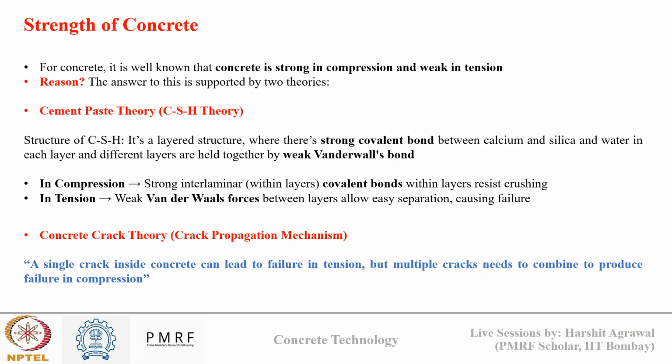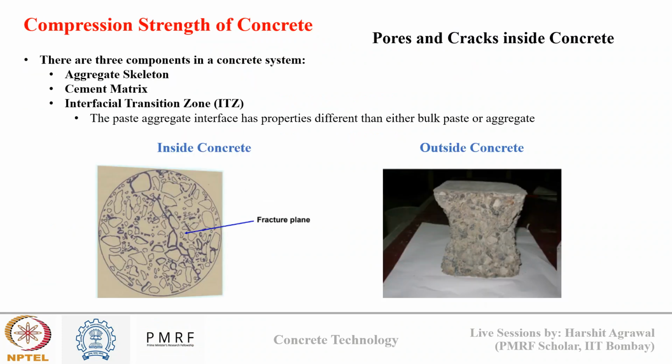Last week we concluded the eighth week of the course, where we talked about strength of concrete. We discussed why concrete has higher compressive strength than tensile strength, and we saw two theories that support this. One theory is based on cement paste via CSH bonding, and the other was based on crack propagation in concrete. We saw how cracking patterns differ inside and outside concrete.